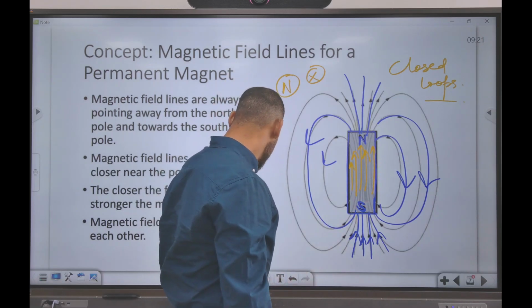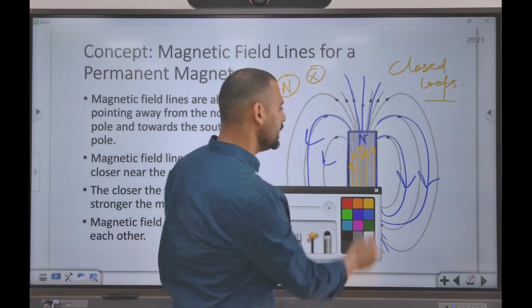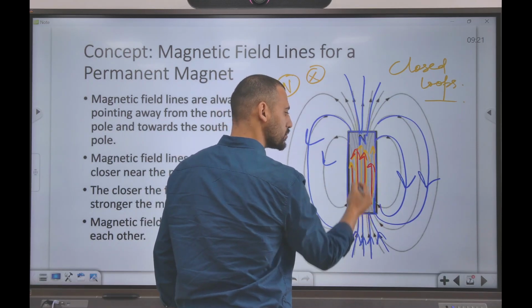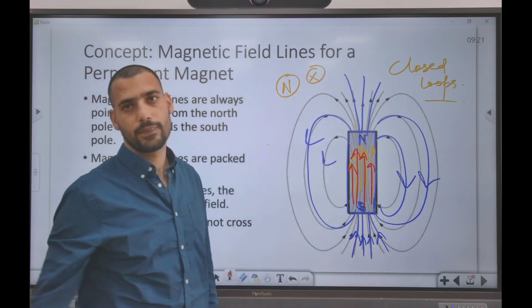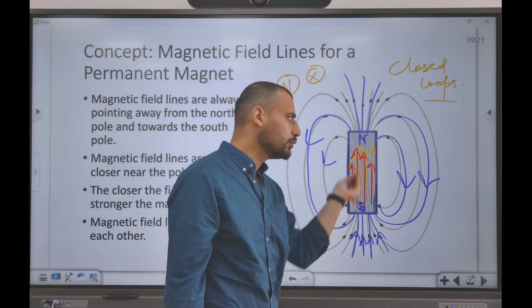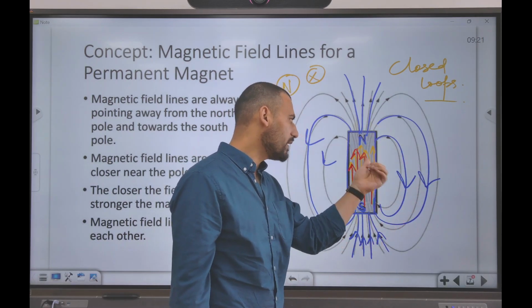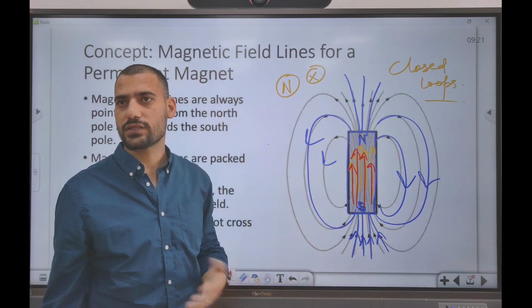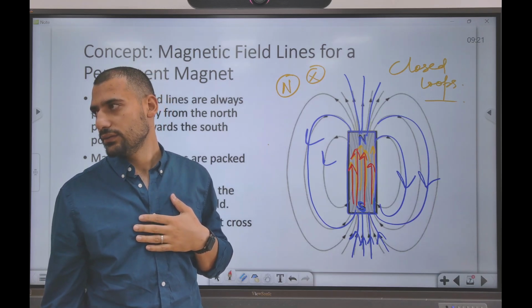When they are closed, they always have to be in close association with the other pole. You can only form their loops when you have north as well as south. When there is a single pole, is it possible? No, it's not, right? Fine.